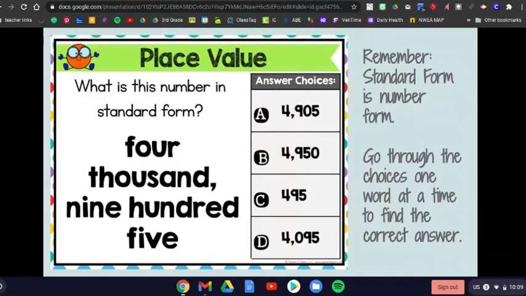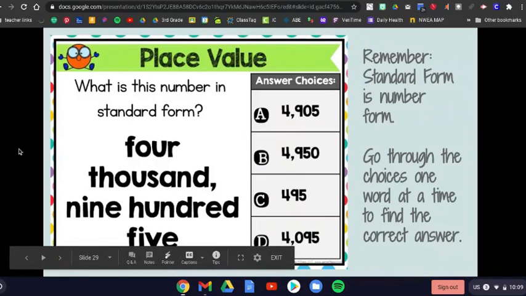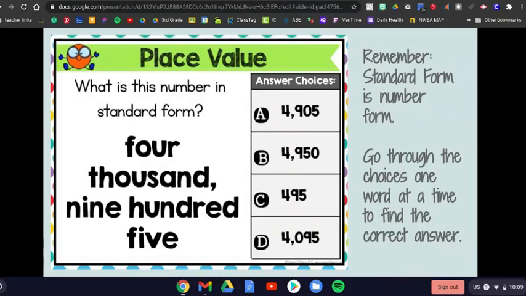There are 5, and one of the questions is going to look like this. It's going to ask you about standard form and word form. So in the dark black bold print, and move it down so you can see it, on the slide, it says 4,905. This is in word form, and you need to find the letter that matches standard number form.